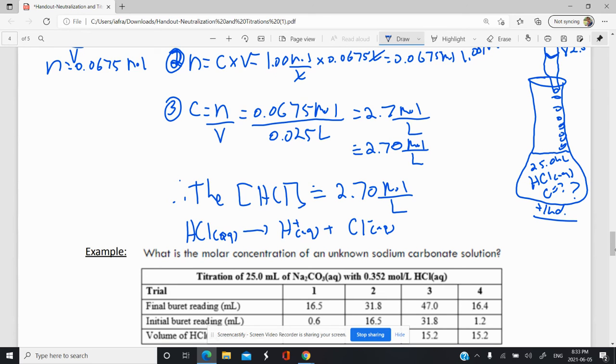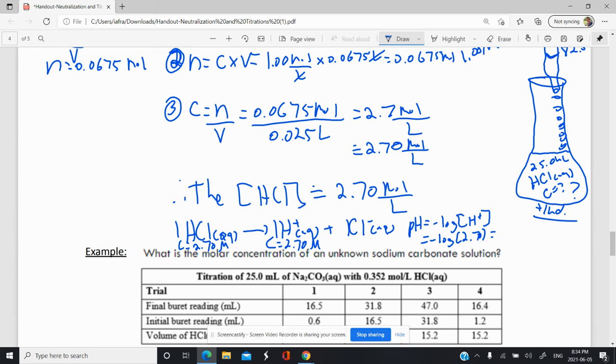Since the concentration here is 2.7 molar, and we have a 1-to-1 ratio balanced, the concentration of the H plus is also 2.70 molar. And so your pH would be the negative log of the H plus concentration, which is equal to the negative log of 2.70, I should say.